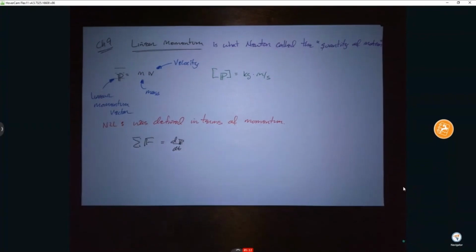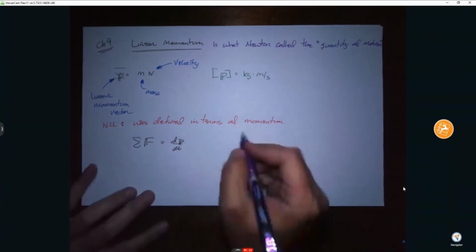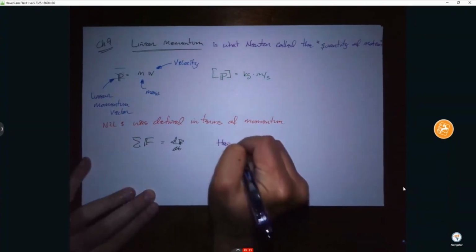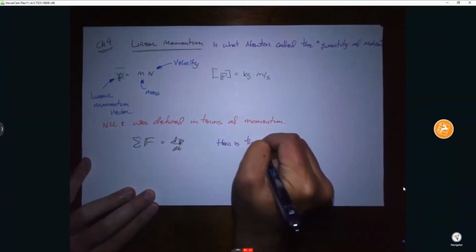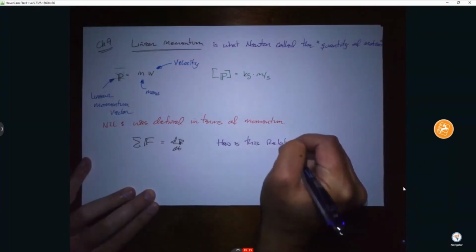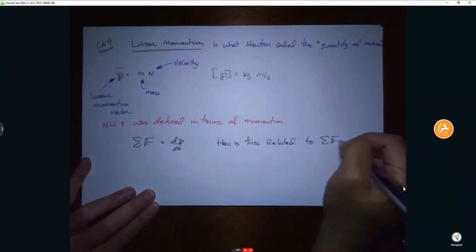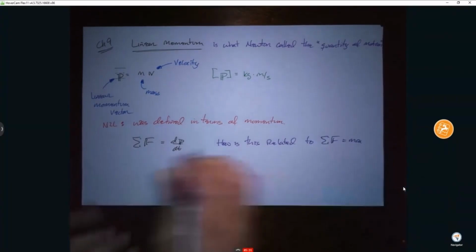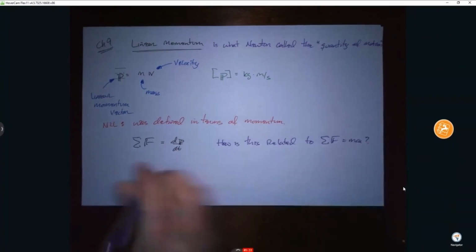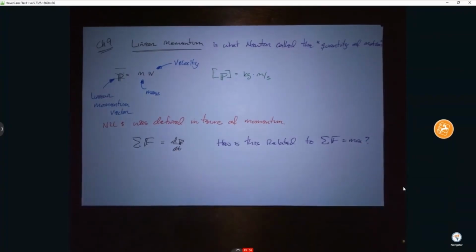And then you might be going, well, how is this related to F equals ma? Now, how do we get that relationship?